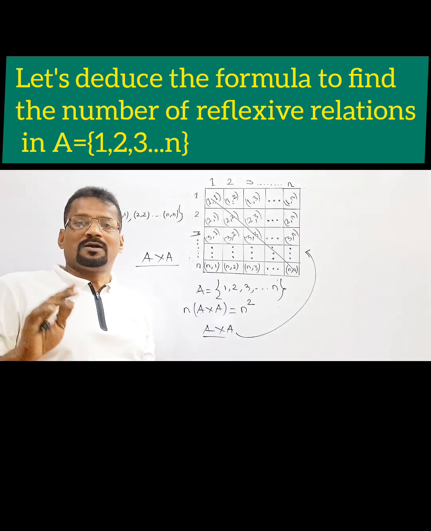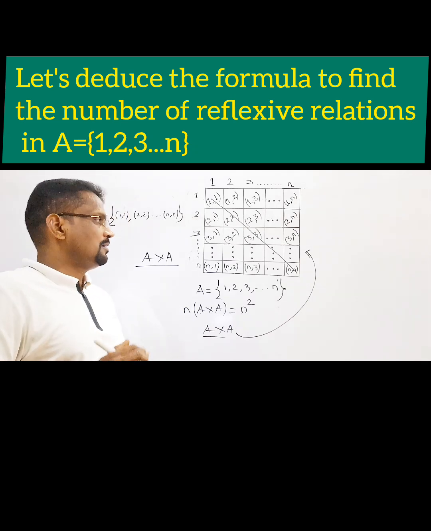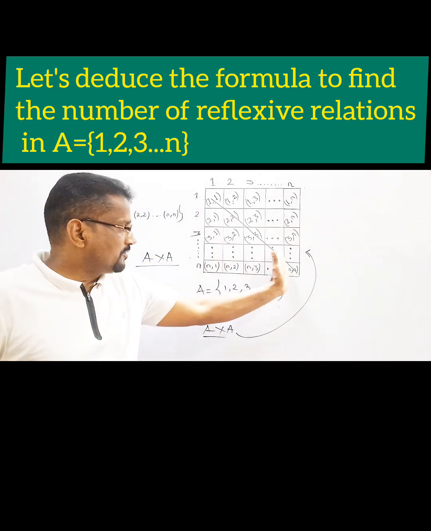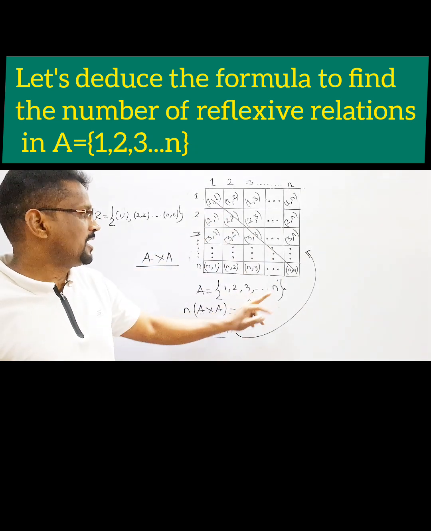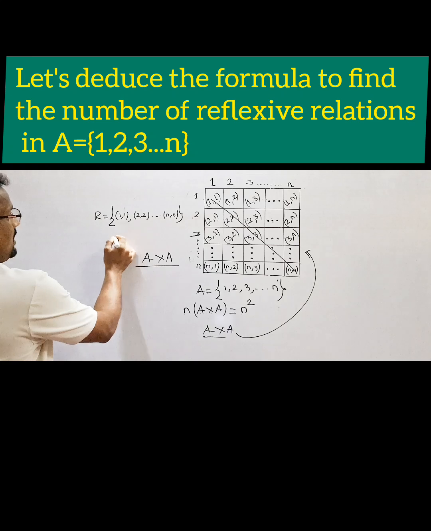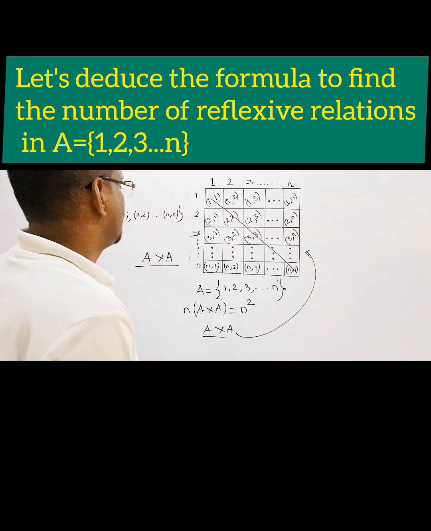Now, what's the total number of reflexive relations? In some other way, you can think over it. Along the principal diagonal, total number of identical pairs, how many? (1,1), (2,2), (3,3), up to n. So there are n identical ordered pairs present here.